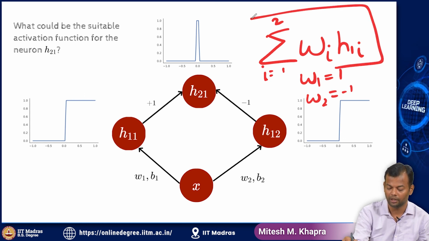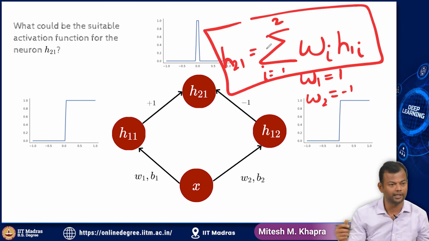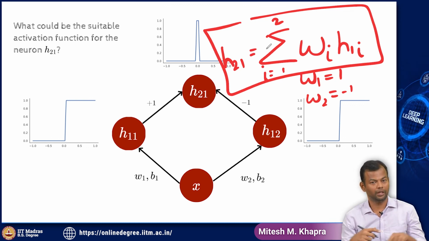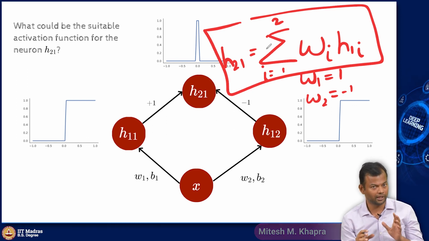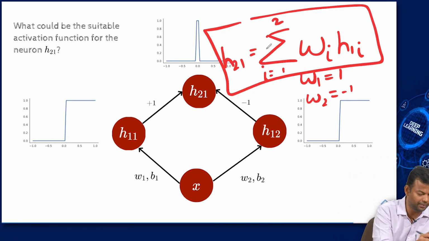So that's all that H21 is doing, right? Just taking the weighted sum of its input, and the weights have been hand coded, right? So now this network has been constructed which can give you a tower function, right? So I can have a neural network which gives me a tower function, and now I am happy, right? Because that is the tower block is what I was looking for. I have my tower maker now.